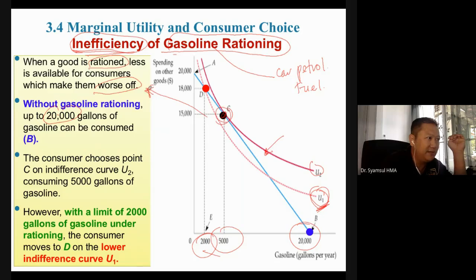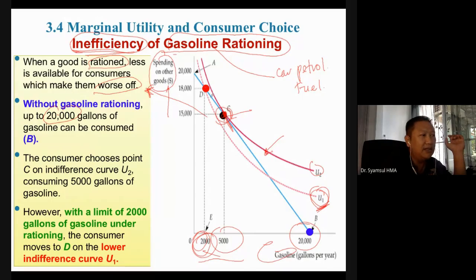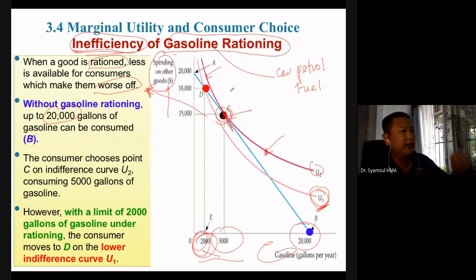Because their budget line allows them to buy here, giving their satisfaction here, but they are only allowed to buy here. So they can only buy less gasoline, but they can buy a lot more of other goods. But it is not their higher satisfaction because this utility is over here. So this is what we call worse off.